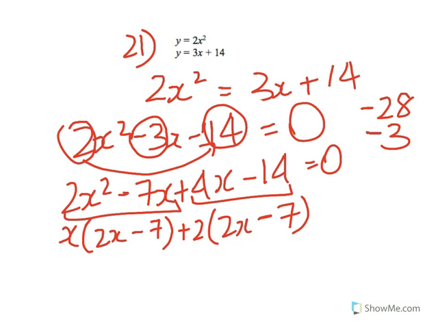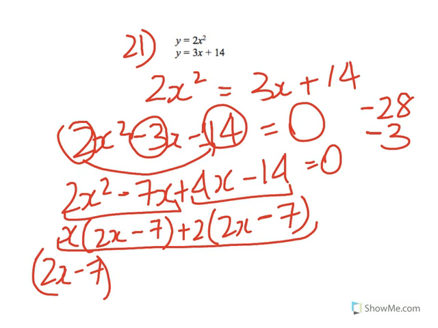Now you're basically factorizing 2x minus 7 out of the whole equation. So 2x minus 7 divided by 2x minus 7 is x, and plus 2 times 2x minus 7 divided by 2x minus 7 is plus 2. So this is equal to 0.